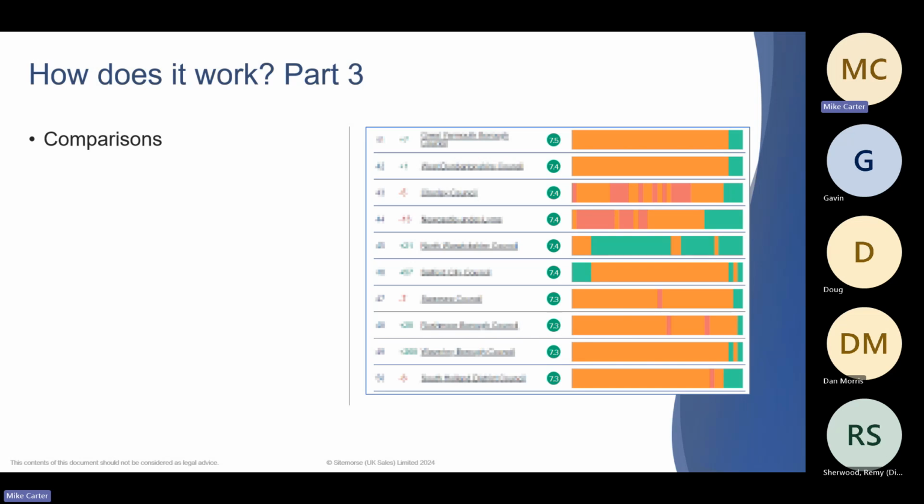Incidentally, the names are pixelated out to protect the guilty. But sometimes gamification has an added incentive to make sure that people are updating their content and keeping everything in good order.